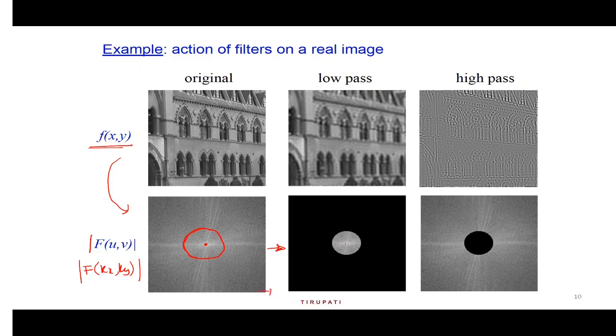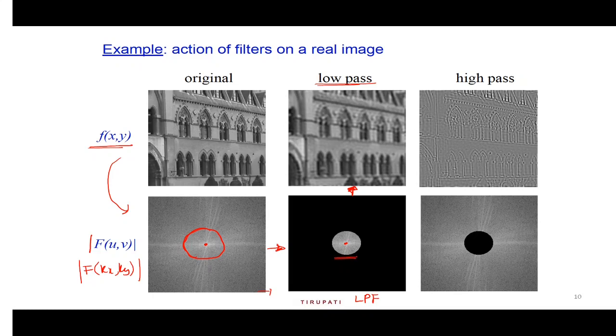If you take this magnitude spectrum and reconstruct your signal, you are allowing low frequencies and making the high frequencies 0. This is equivalent to applying a low pass filter, and this is the kind of result you would be getting.